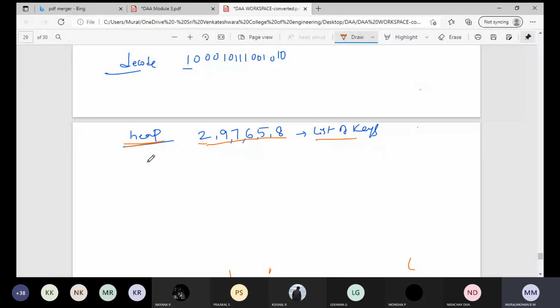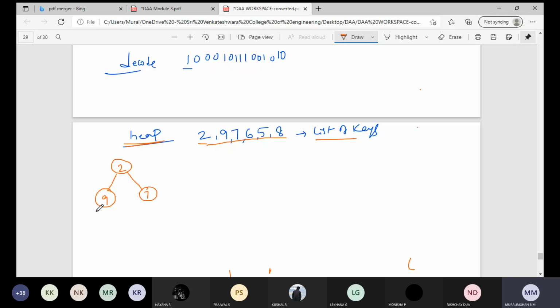Okay. So, yes sir, the first step is to construct a tree for this given list of keys. I told you we will construct the tree from the root node. So the root node, the first node, is 2. Next, this node I should give is 9. Next, the right node is 7.